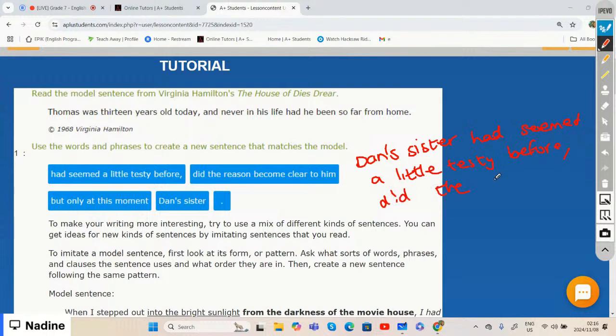Did the reason become clear to him? And we're going to put period. Oh, I forgot to put, but only at that moment. So we say Dan's sister had seemed a little tasty before, but only at this moment did the reason become clear to him.